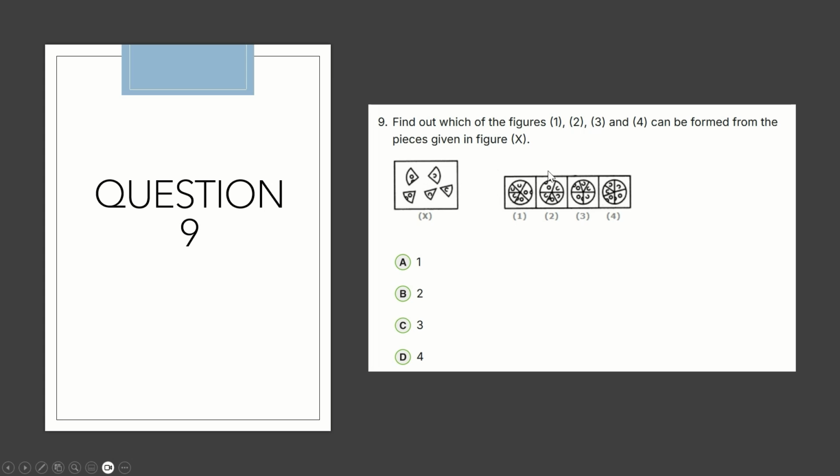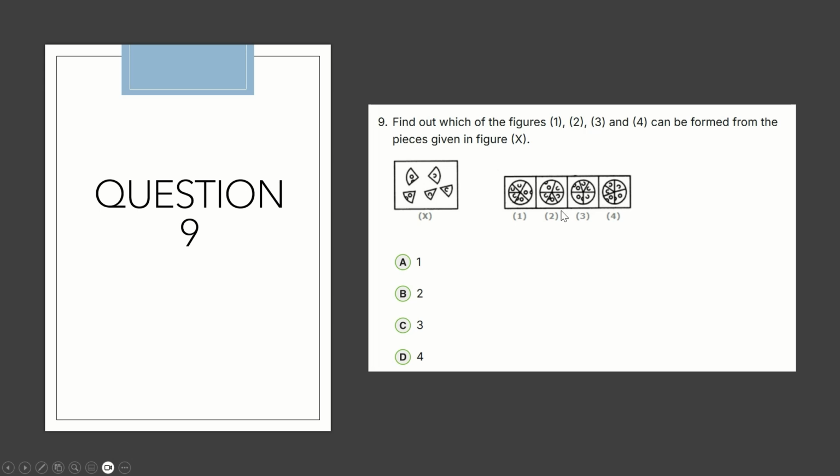Looking at option 1, we have this piece here, even though it's much smaller relative to the other pieces compared to this piece relative to the other pieces in the figure X. So option 1, figure 1 can be our option.